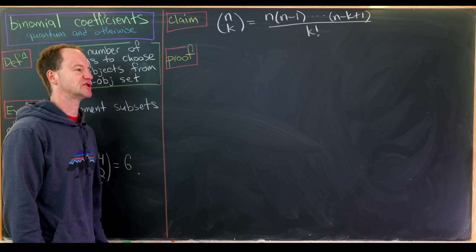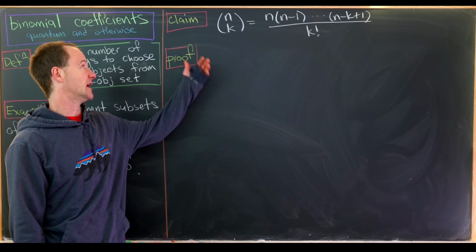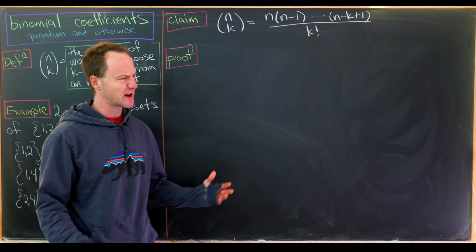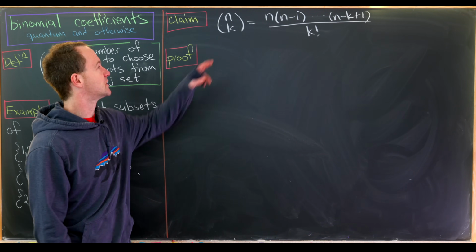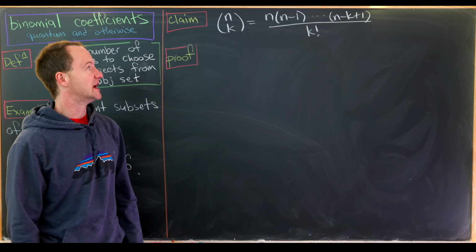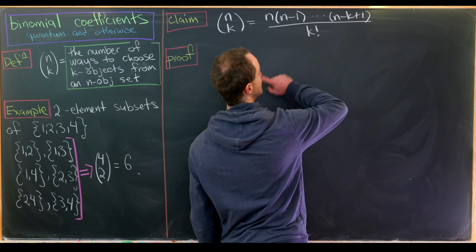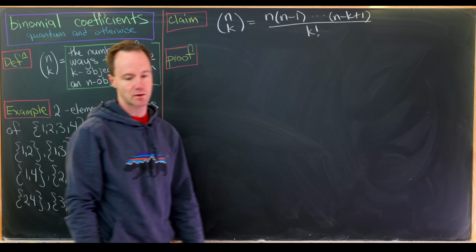Well, likely if you're watching this video, you know the closed form for a binomial coefficient, and that's this claim right here, which we will sketch 2 proofs of. We're not going to do these super carefully, that's why I say they will be sketches. So n choose k is defined to be n times n minus 1 times n minus 2 all the way down to n minus k plus 1 over k factorial.